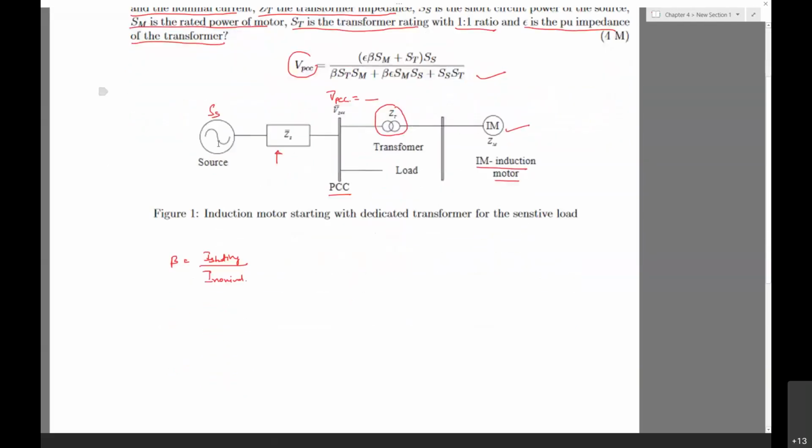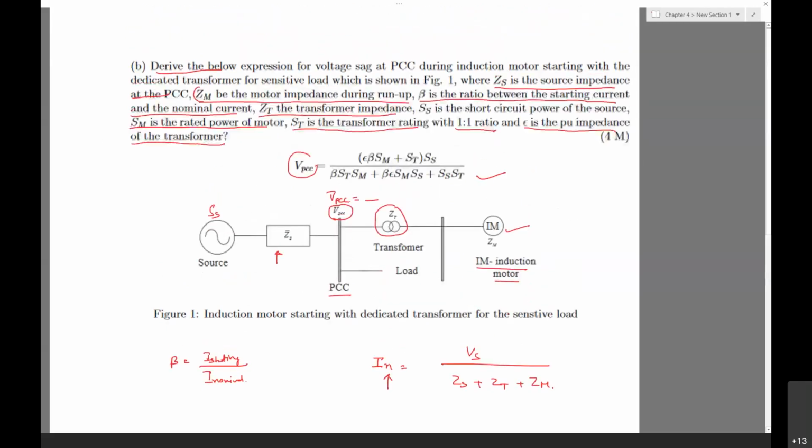One thing I will try to make out is the current, during normal operation. IN, the nominal current, is equal to Vs by Zs plus Zt plus Zm. How does it look if you want to find the PCC voltage during normal operation, or, as they mentioned, during run up?